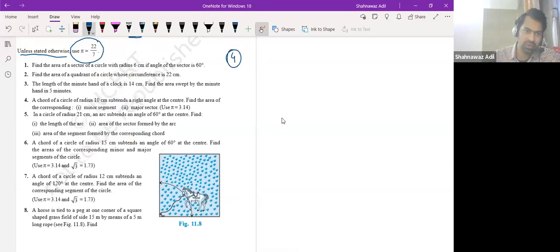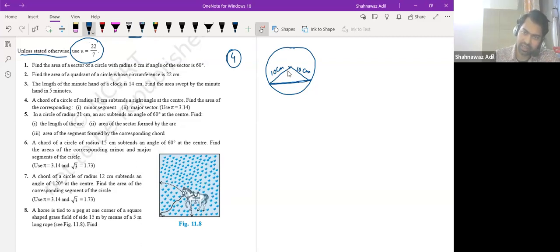A chord of a circle of radius 10 centimeter, right? So we have a circle and we have a chord, and the radius of the circle is 10 centimeter. So this is the radius, and this chord subtends a right angle at the center, right?